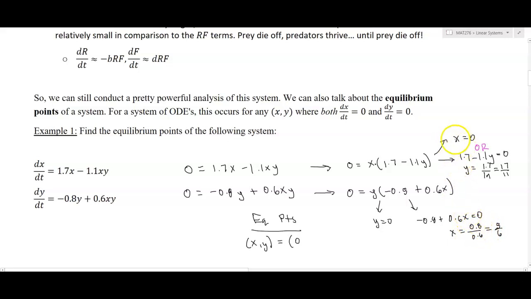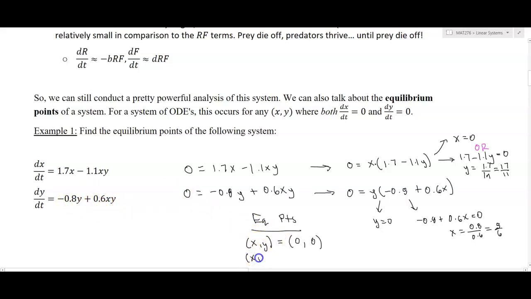But if x is already 0 up here, then x can't be 8/6 as well, so the only way for both equations to be in equilibrium is for x to be 0 and for y to be 0. So you can check that. If you plug in 0 for x and 0 for y, you get 1.7 times 0 minus 1.1 times 0, which is 0, and negative 0.8 times 0 plus 0.6 times 0, which is 0.